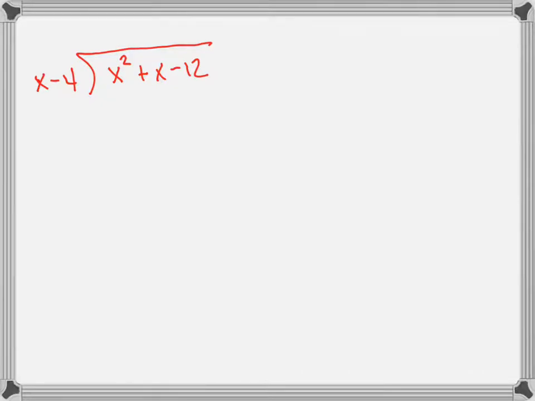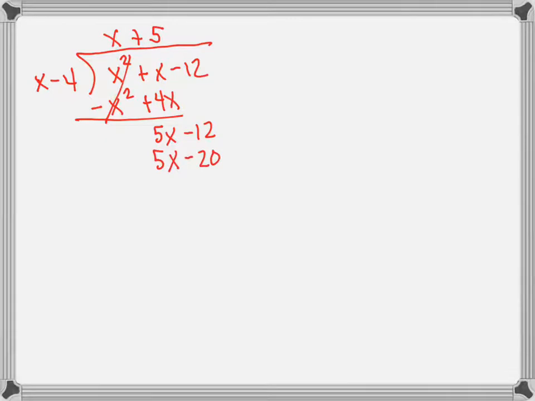x times what is x squared? x. So x times x is x squared, x times negative 4 is negative 4x. We will subtract, so I will change the signs and add. x squares cancel out. x plus 4x is 5x. Bring down the minus 12. x times what is 5x? It's positive 5. 5 times x is 5x. 5 times negative 4 is negative 20.